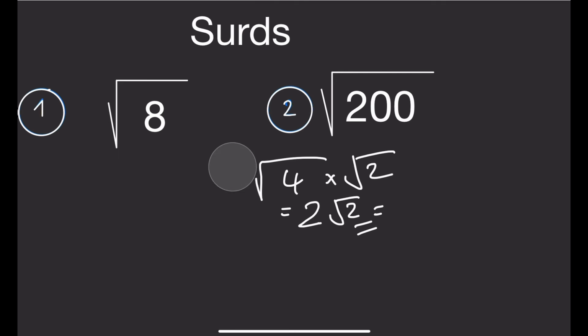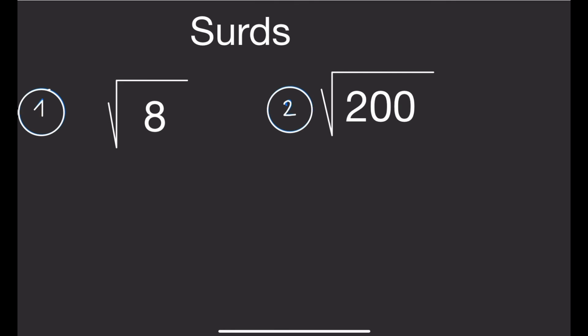Let us look at example 2, which is root 200. For 200, we think of 100 times 2, because 100 is a perfect square. Always look for multiples that involve perfect squares.